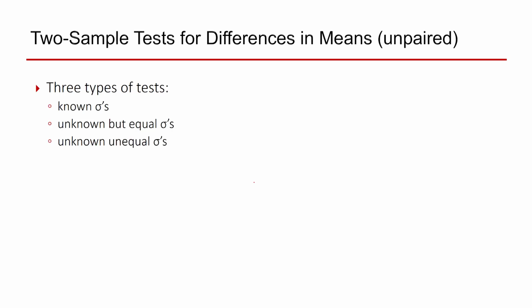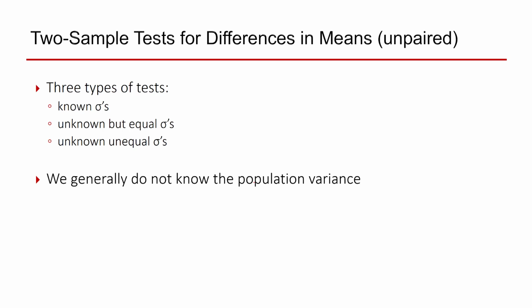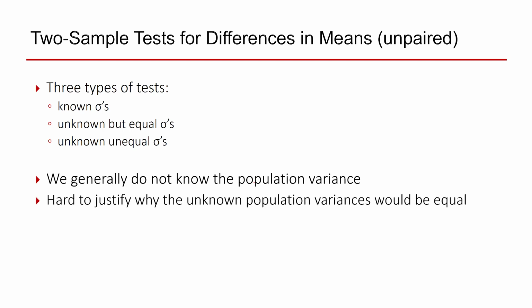So we have our three types of tests we're going to look at: known sigmas, unknown but equal sigmas, and unknown but unequal sigmas. But we generally, in practice, don't know the population variance. It's hard to justify why the unknown population variances would be equal. So if we don't know the population variance, this one's generally not going to be used. If it's hard to justify that the population variances are going to be equal, we're generally not going to use that one.